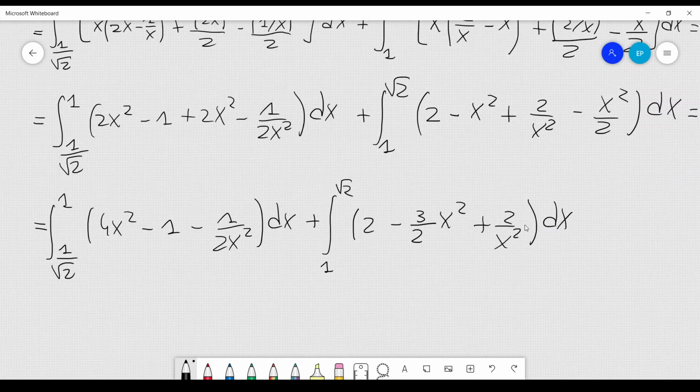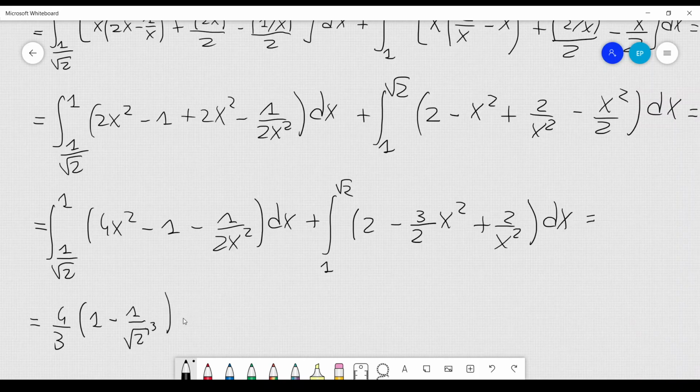Now that I have collected all the terms, I can integrate over x and evaluate the result at the boundary. So I have 4/3 x cubed from this first term. If I evaluate it at the boundary, I have 1 minus 1 over square root of 2 to the third power here.